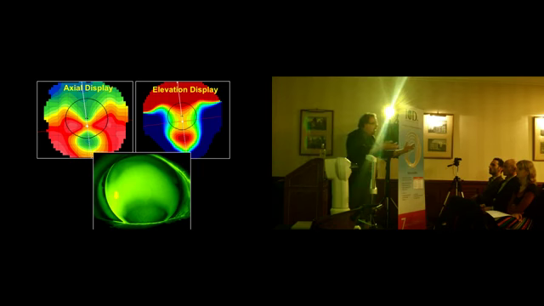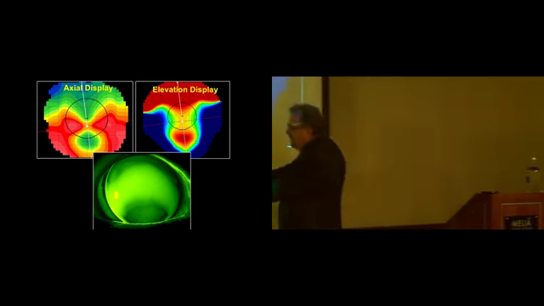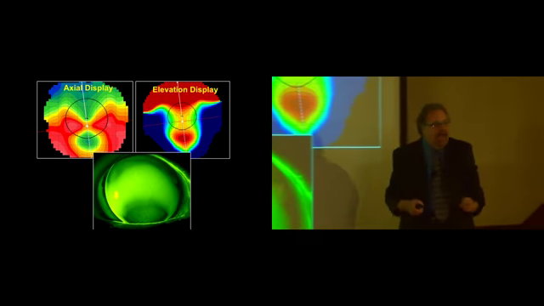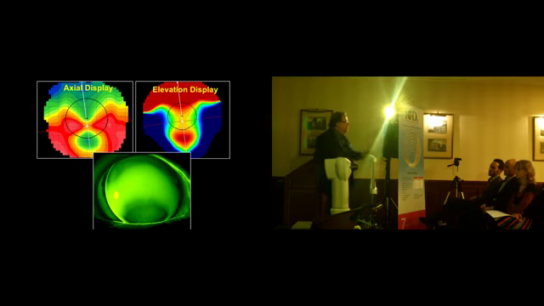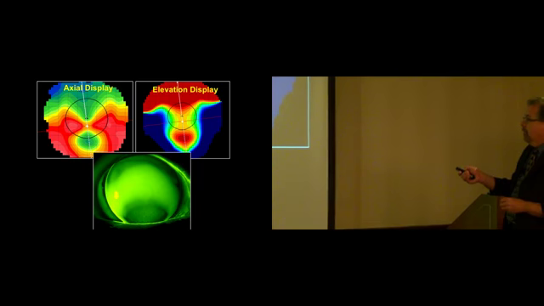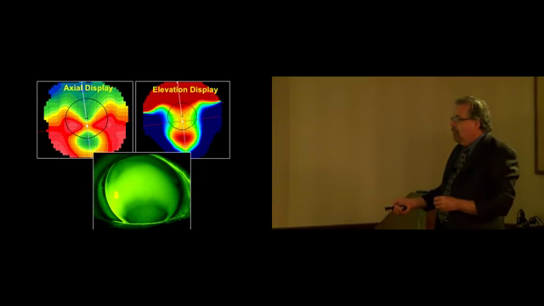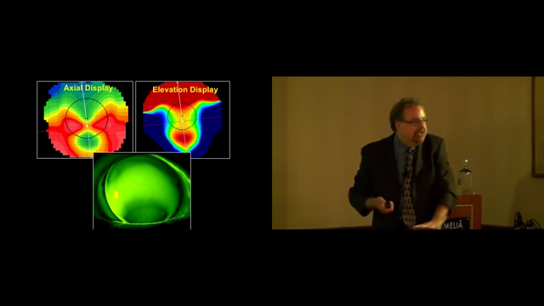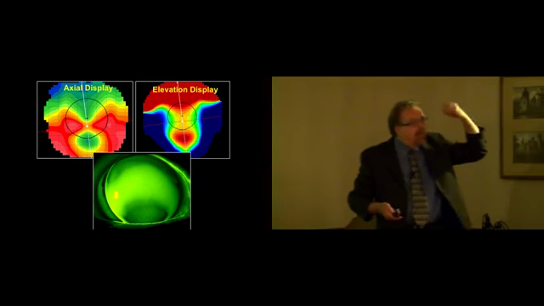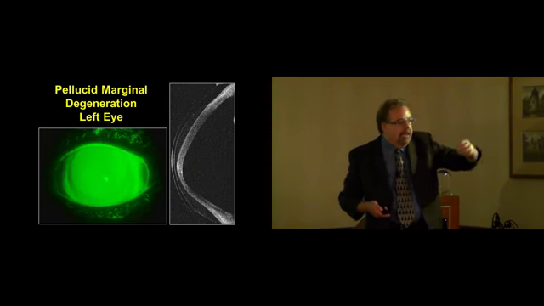This is why when I apply a spherical contact lens onto that eye, it's going to hit first where the cornea is the highest, here, where the red is, and it's going to lift off where the cornea has the lowest depression. So this is how we need to start thinking about corneal shape.